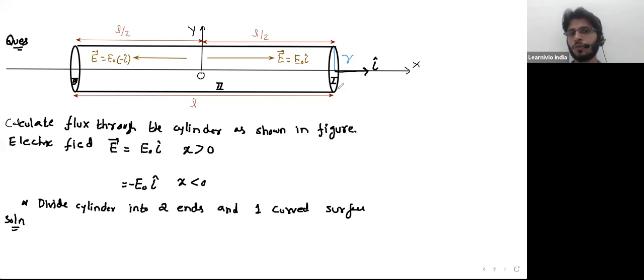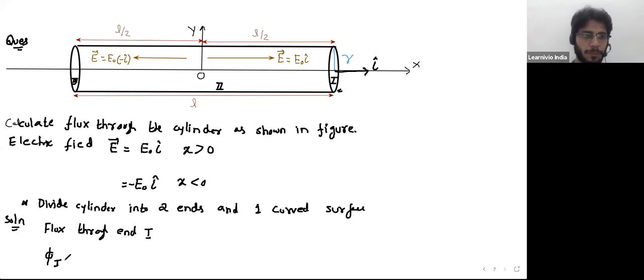So let's first calculate the flux through end 1. As I have already mentioned, the direction of end 1 is along i cap, the positive x-axis. So for end 1, the flux is E dot S. That's my first equation.